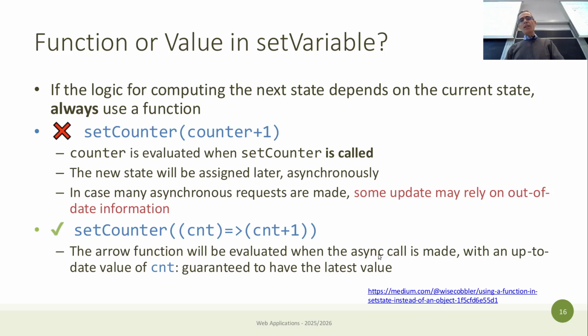And the callbacks will be called with an up-to-date value of the state, okay? So it is guaranteed to have the latest value according to the logic of your program. So you're not missing updates, okay?